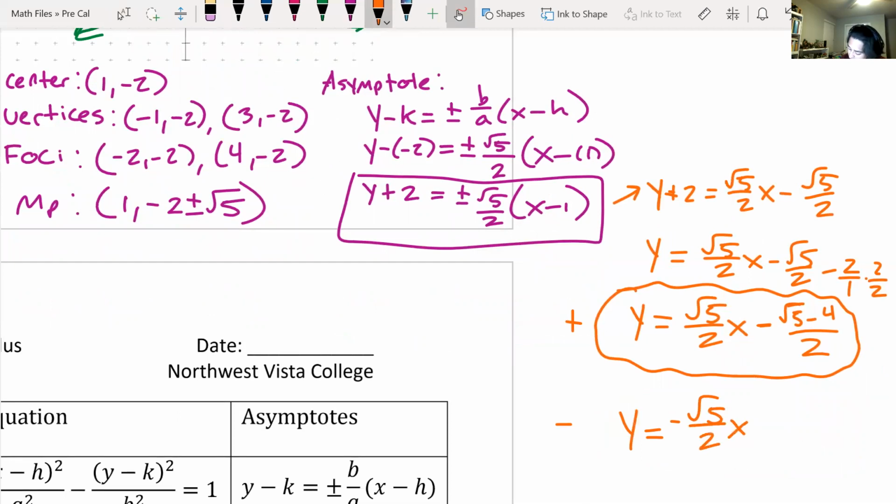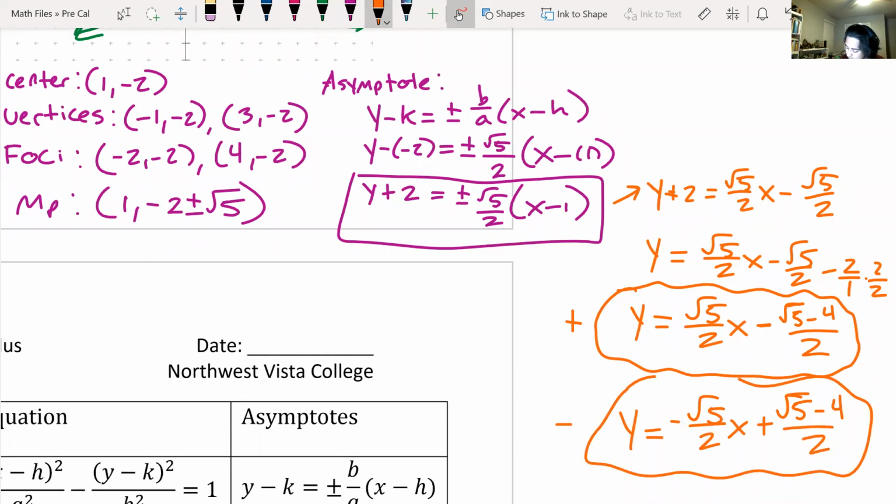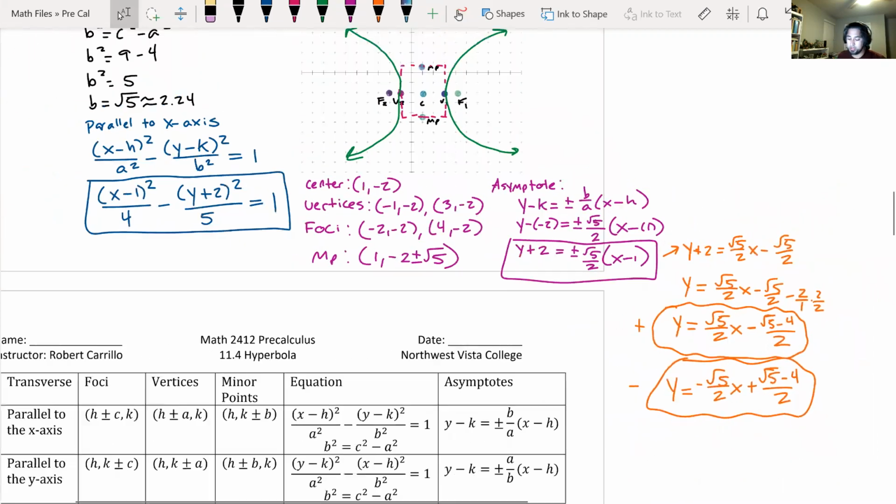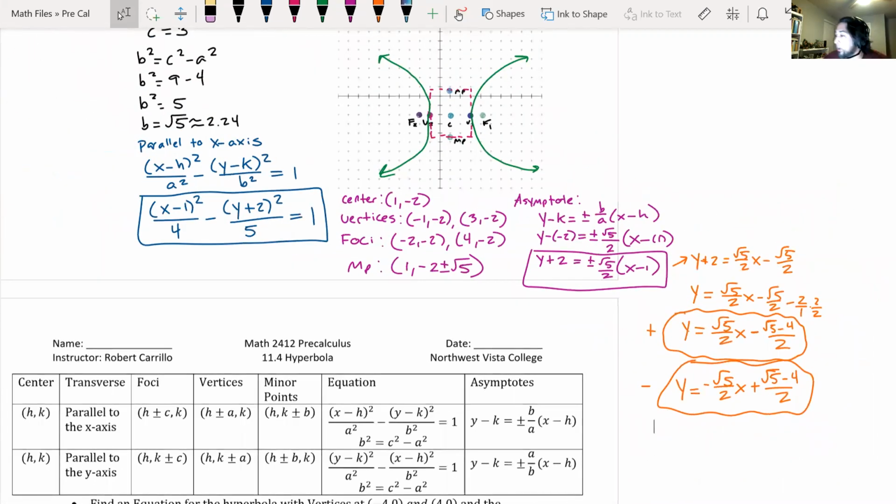And then if that was negative, that would be positive square root of 5, and that would still be minus 4 over 2. But like I said, I don't think MyMathLab is going to make you solve for y. But if it does, that's what it would look like.